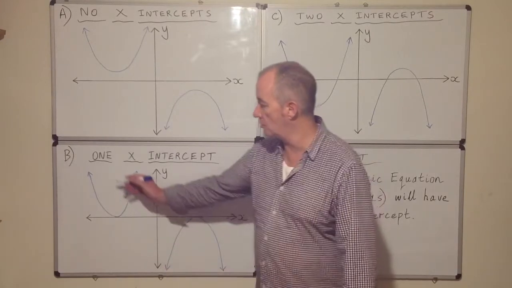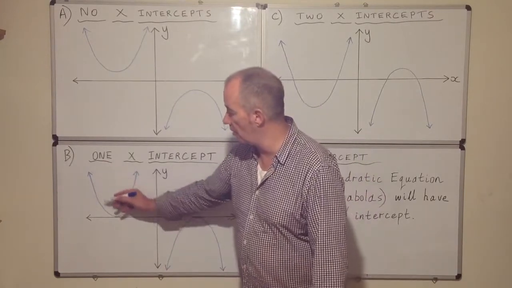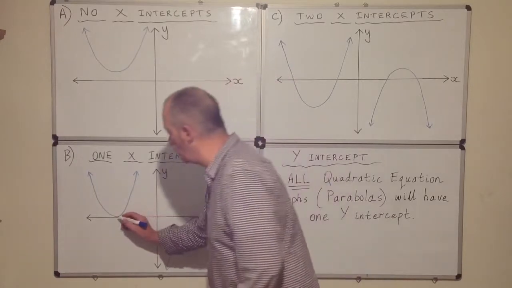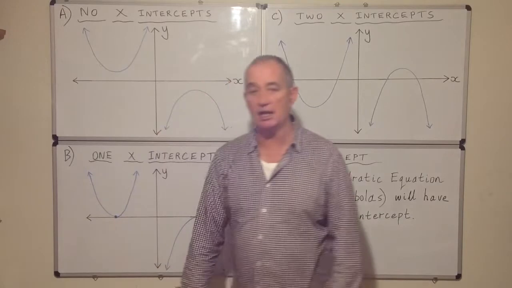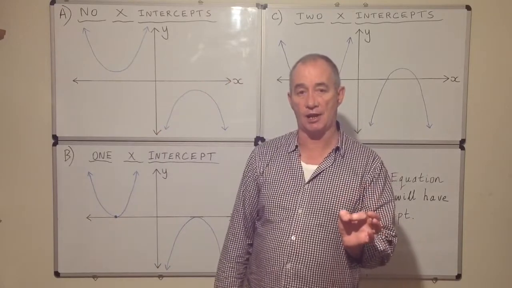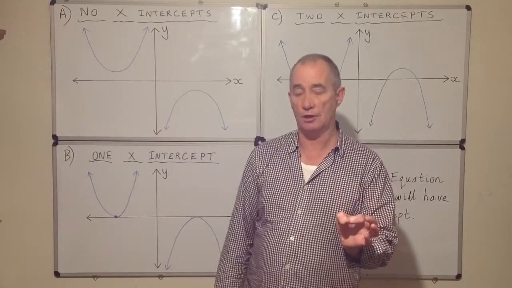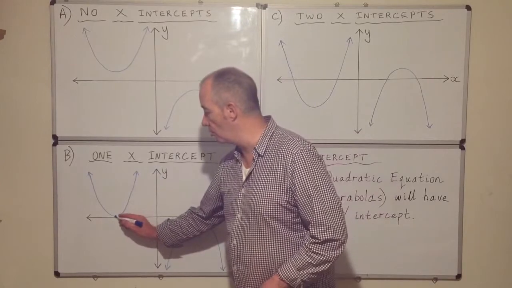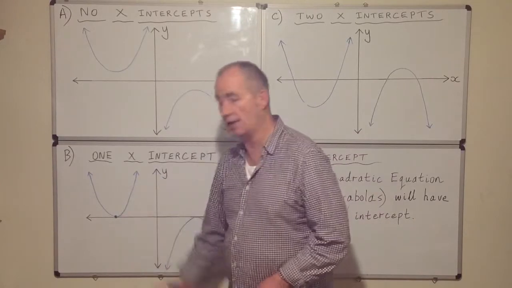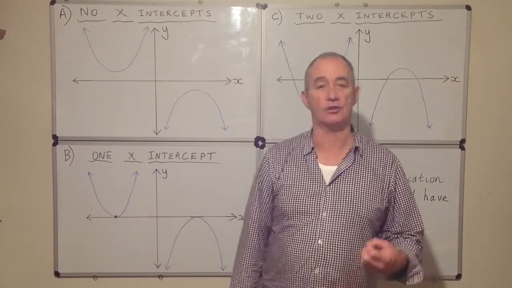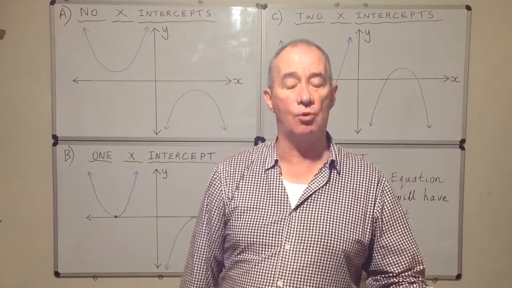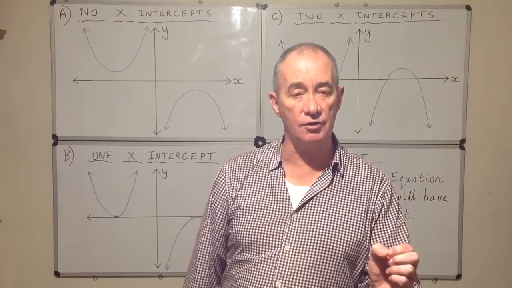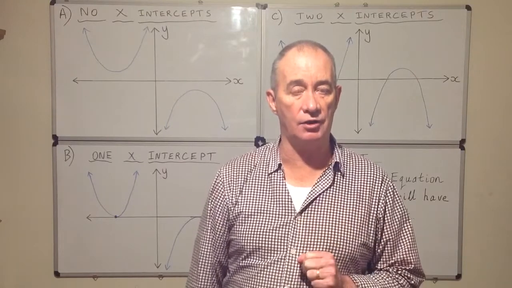An example is this one here. This parabola curve, its turning point is right on the x-axis. So it just touches the x-axis at one point. So quadratic equation graphs whose turning point is right on the x-axis have only one x-intercept.